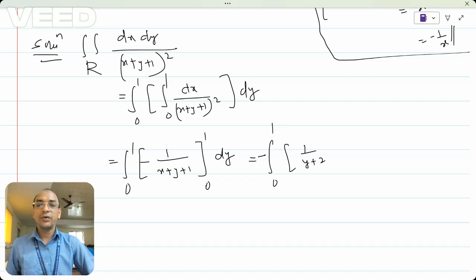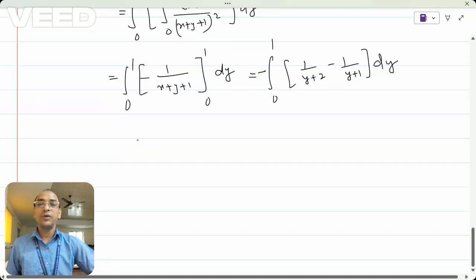Now if I put the lower limit of x, that is 0, the remaining thing will be 1 by y plus 1. So this we will integrate again with respect to y.